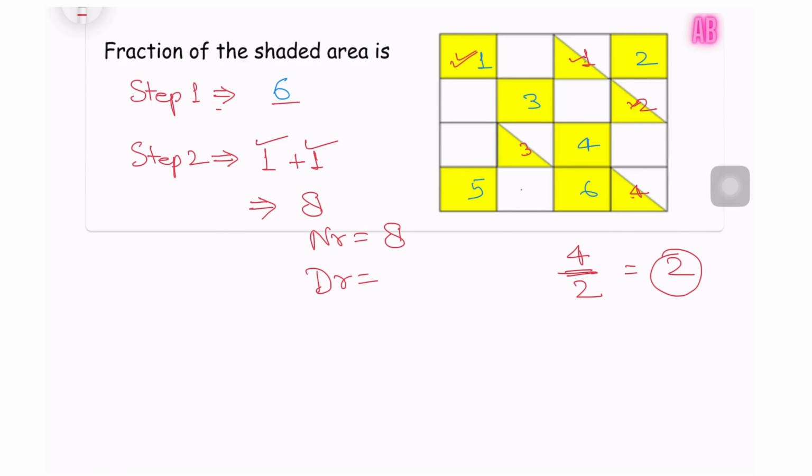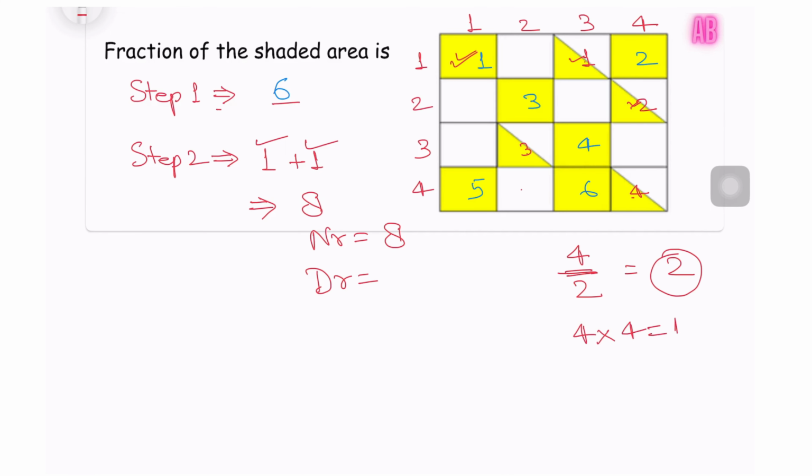What will be the denominator? The total number of boxes in this figure, shaded plus unshaded, so we can count it. One smart way of doing this is we can count the boxes in the length, 1, 2, 3, 4, and then also the boxes in the breadth, 1, 2, 3, 4. If we multiply length times breadth, it will give me the total number of boxes.